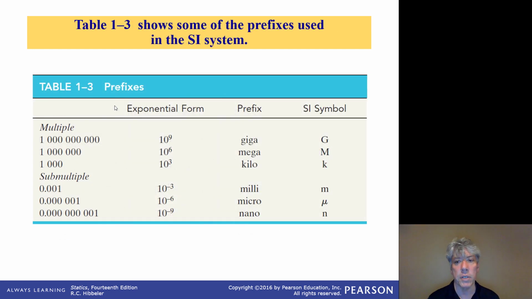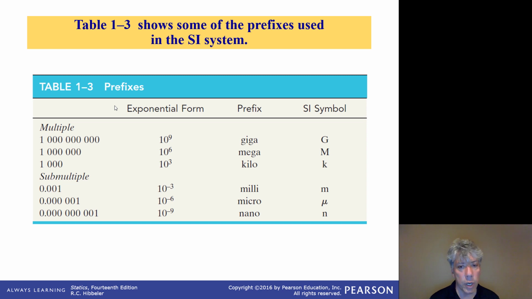So here are some prefixes. Giga is 10 to the 9th, mega is 10 to the 6th, kilo is 10 to the 3rd. You'll get used to these. They're not difficult. Notice that they move on by thousands. So one's 1,000, and the next is 1,000 times 1,000, then 1,000 times 1,000 times 1,000. Or the other way, dividing by 1,000.